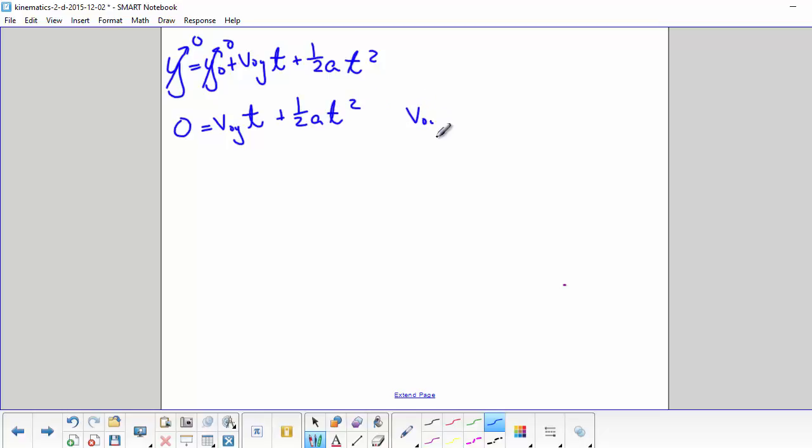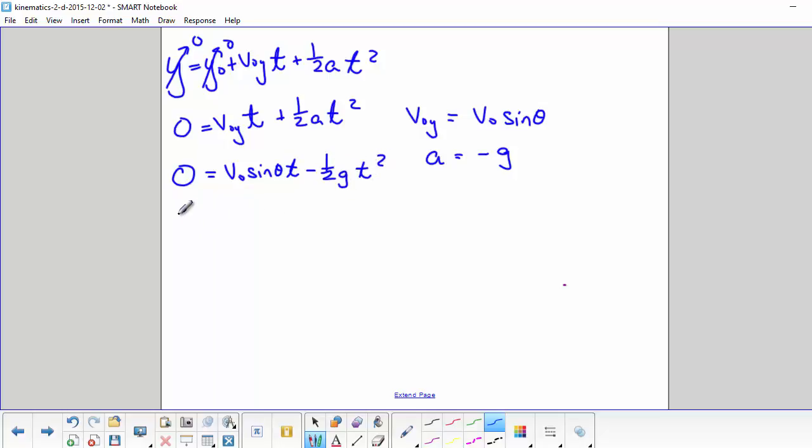Now v naught y is equal to v naught times sine of theta, and of course a is equal to negative g. So then we have 0 equals v naught sine theta t minus 1/2 g t squared. So v naught sine theta t equals 1/2 g t squared.